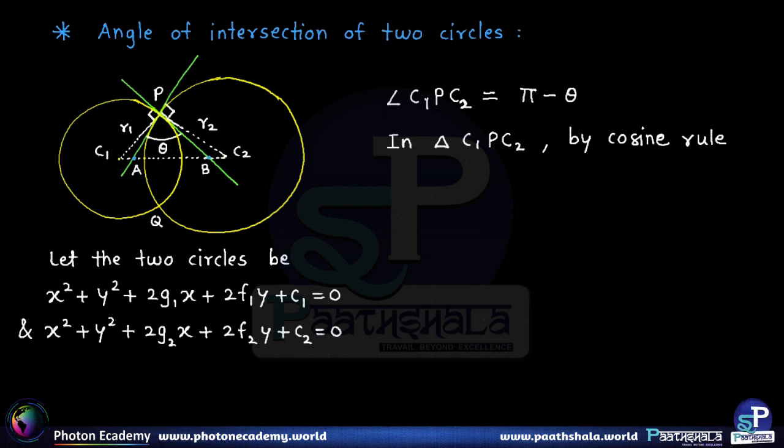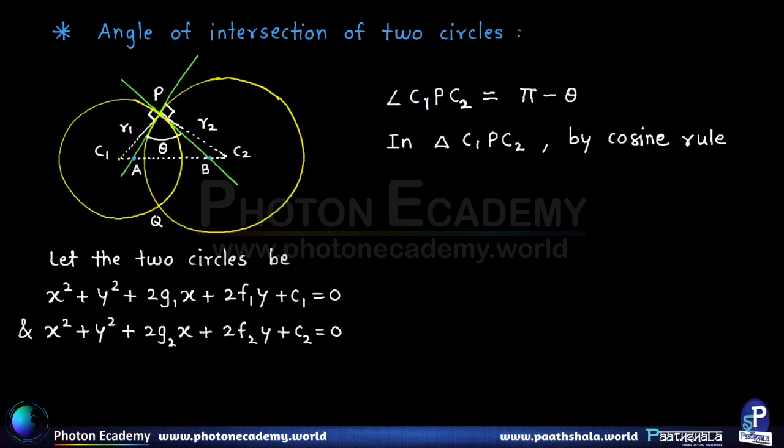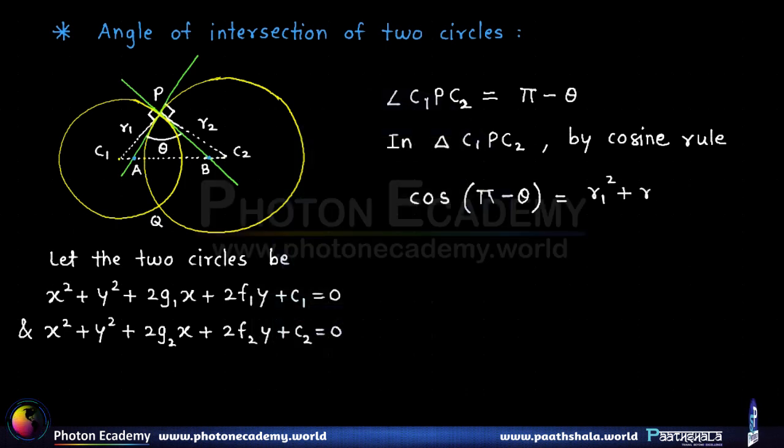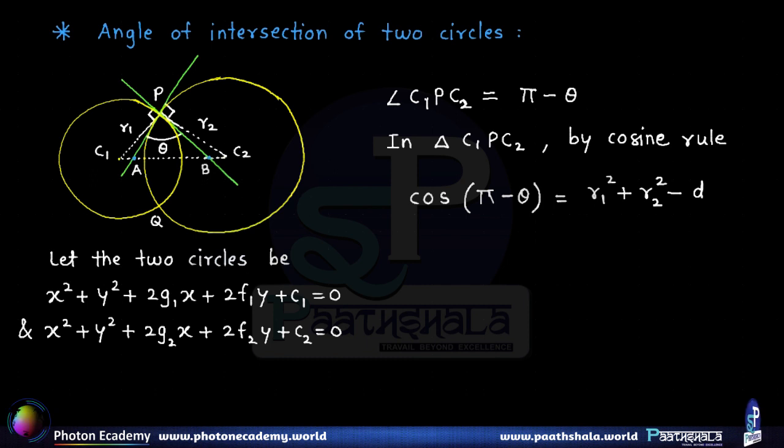So therefore we have cos of pi minus theta, that is angle C1 P C2, that is given by R1 square plus R2 square minus, let us call the third side, that is C1 C2 side of that particular triangle, as say D. So we have D square whole divided by 2 R1 R2.